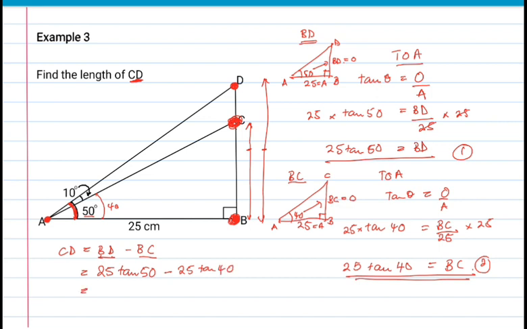So if we subtract 25 tan 50 minus 25 tan 40, we find ourselves having 8.82. So this will be the solution for our second example.